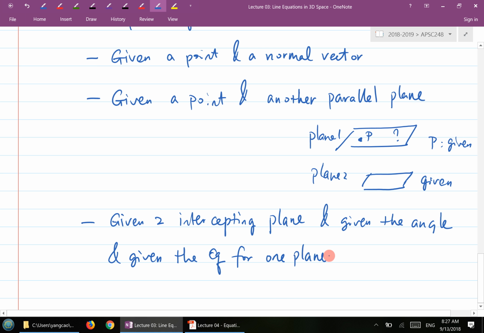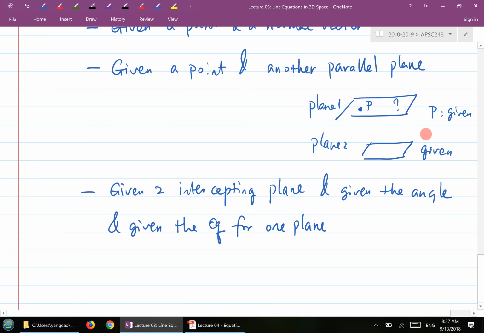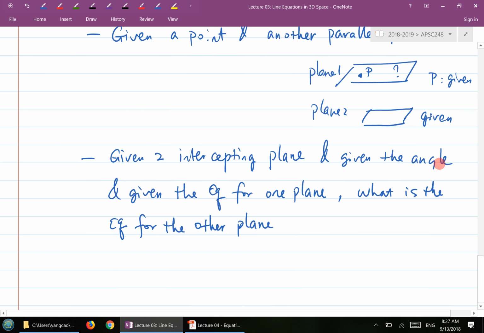So the question is, what's the equation for the other plane? Yeah, that's a really tricky one actually. Think about it. I'll be honest with you, it's not in my list. I do have some idea, but I want you to think about it first.